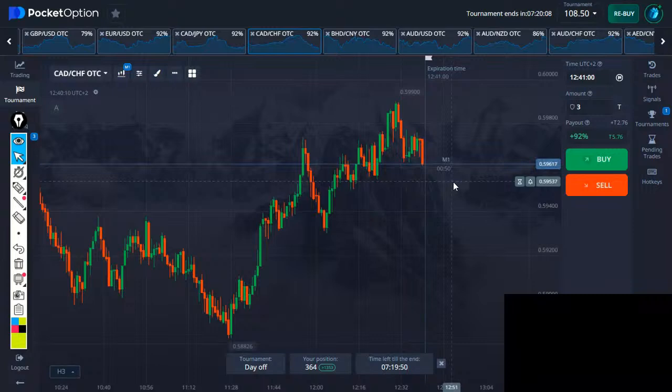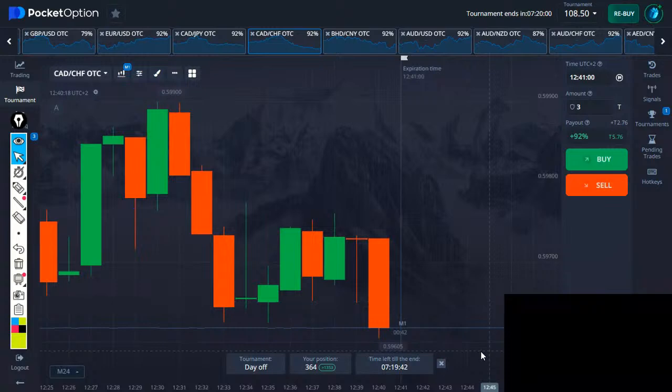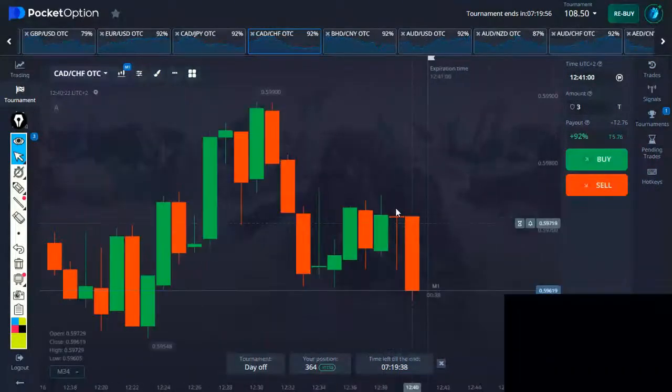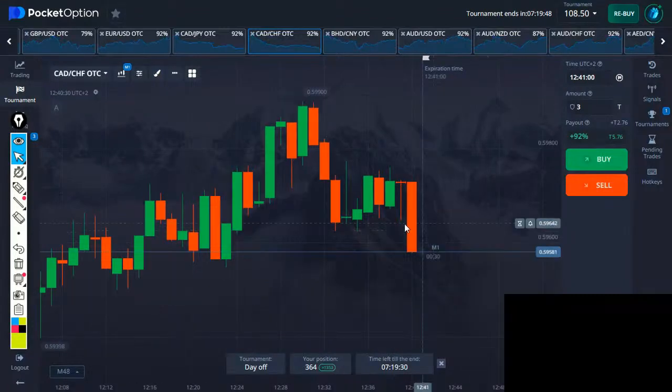This is breaking out from a ranging situation. We have a double zero level over here. Strong bearish momentum. Let's wait for it.